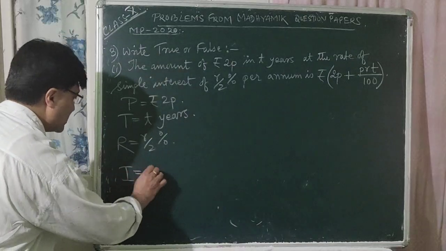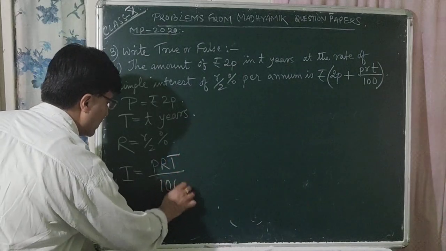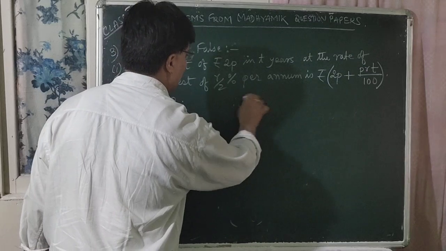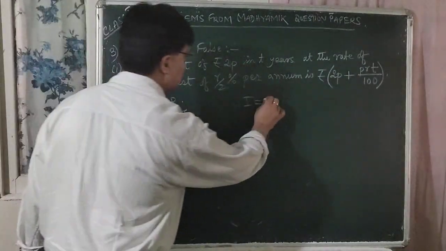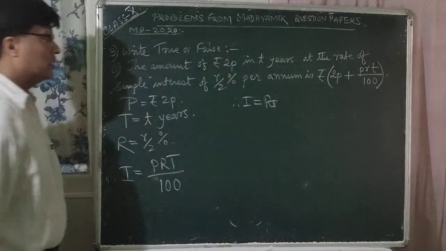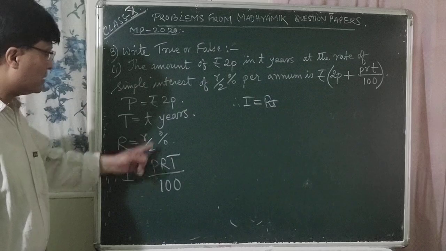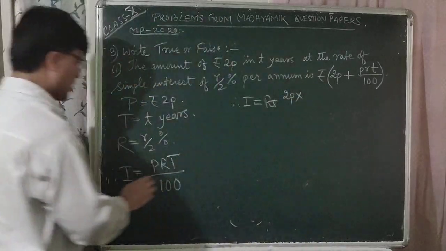Therefore, I is equal to PRT upon 100, right? So therefore, I is equal to rupees, what is P here? It is twice P, into, what is the rate?